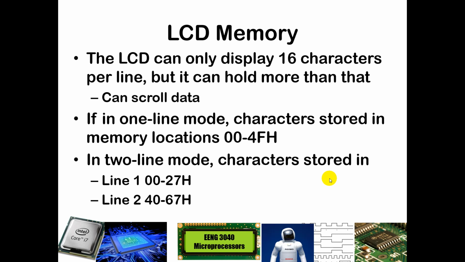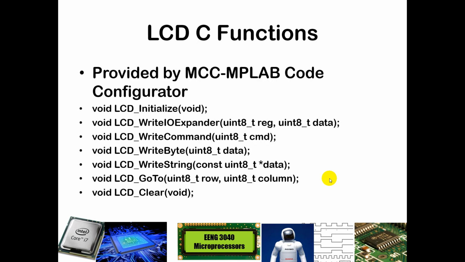If you're operating in single line mode, you have between 0 and 4F hex. If you're operating in 2-line mode, then 0 through 27 hex is the top line, 40 through 67 hex is the second line.